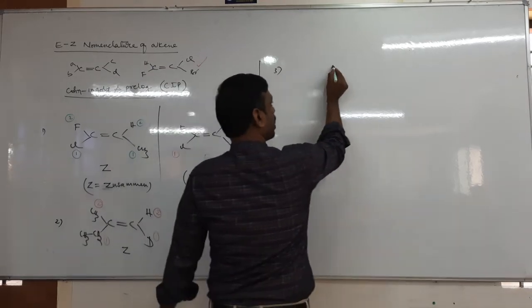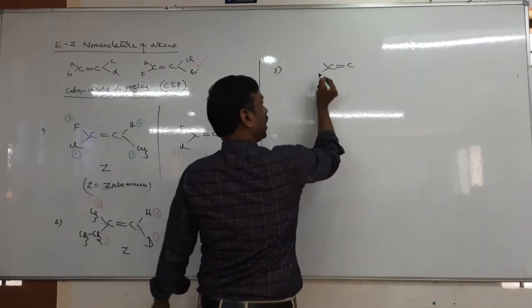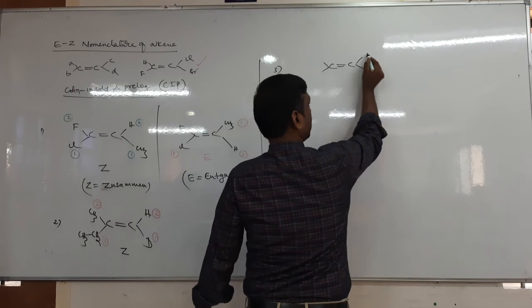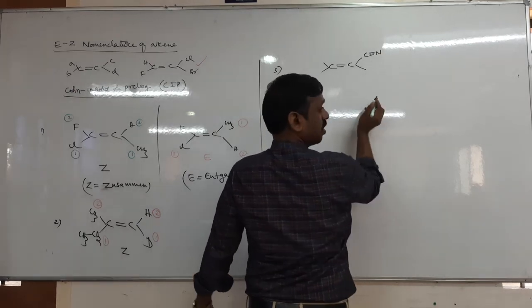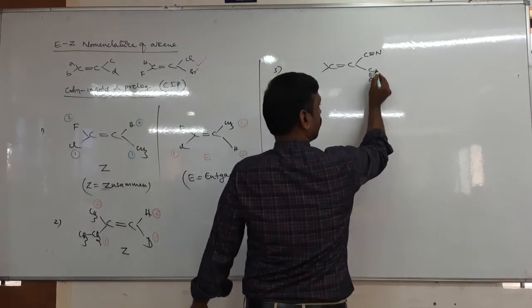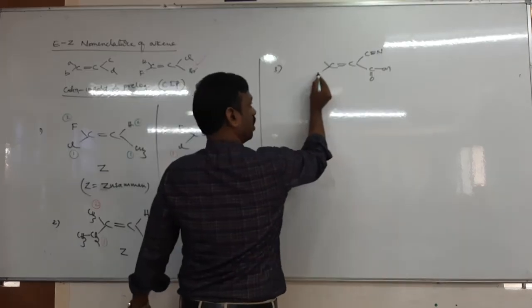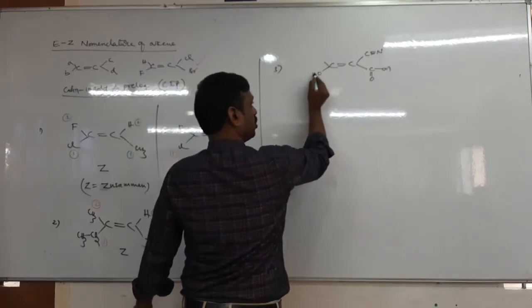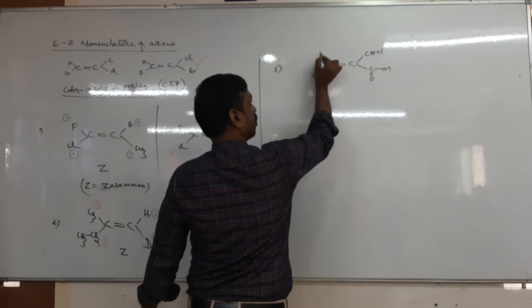If the double bonded carbon atoms are attached to doubly or triply bonded atoms, like for example C triple bond N, or C double bond OH. Let us take here is OH, here is a C double bond OH.